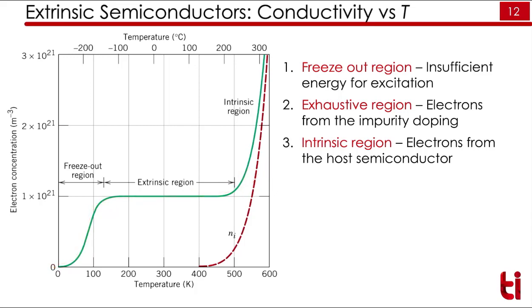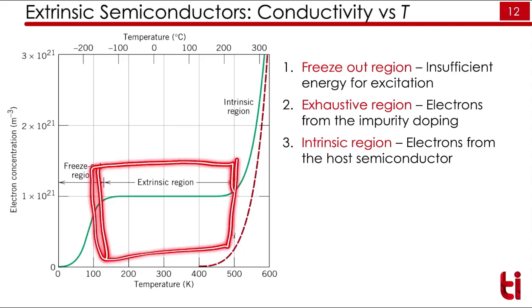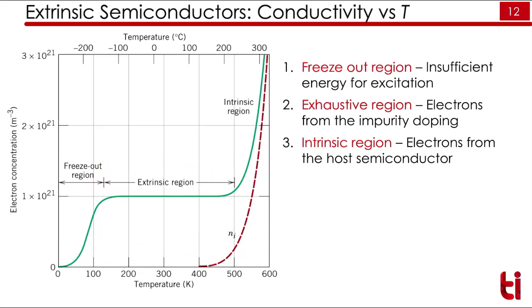So here you can observe one thing, that in this region, this is a flat region, and if you want your device to operate in any condition, for example chilling condition or hot weather, your device will operate smoothly, without any change in the current characteristics, because here the charge carrier concentration is constant or uniform. That's why we use extrinsic semiconductors for practical applications whenever current is needed.